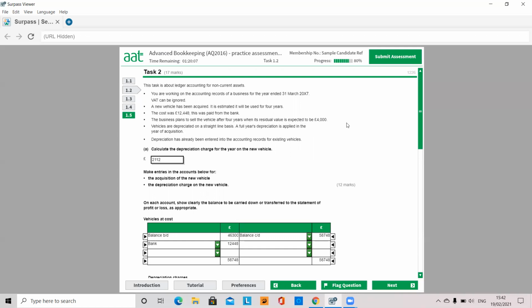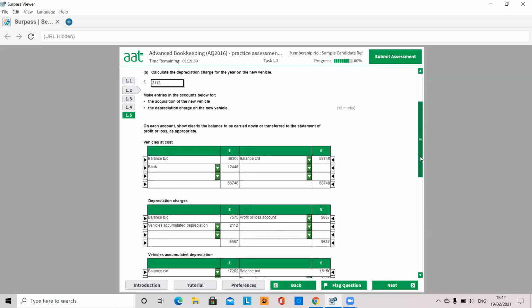So therefore that will give you £2,112 as the depreciation charge for the new vehicle. So again, if you remember from your double entry, for a depreciation charge, you're going to debit depreciation as an expense in your profit and loss account, and you're also going to credit your cumulative depreciation, which goes to your statement of financial position. So let's put those figures in.